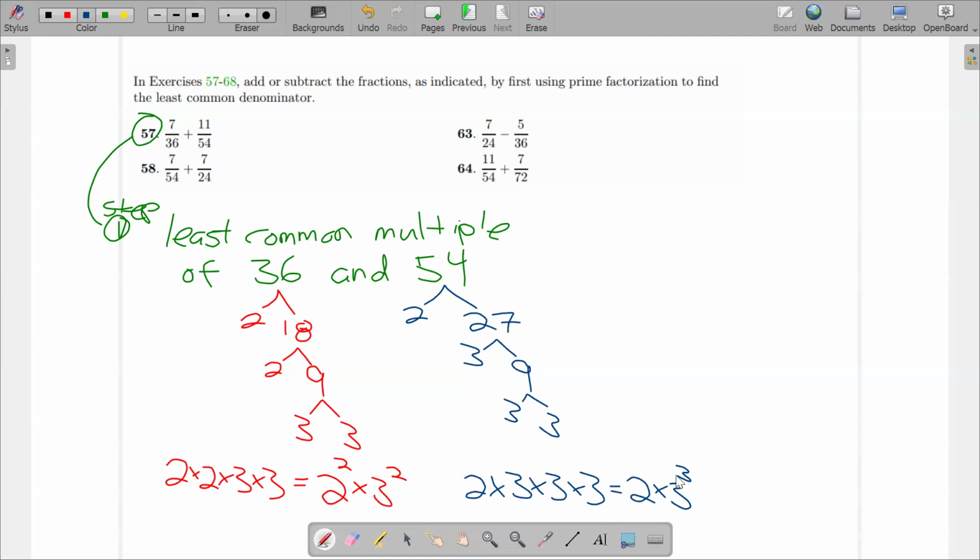Then to use those to find the least common multiple for the denominators, I start with the first one and I just write down its prime factorization. So I'm just going to write down 2 squared times 3 squared.